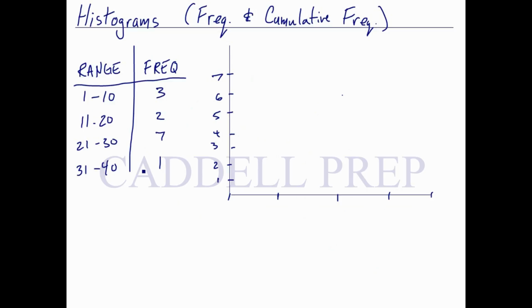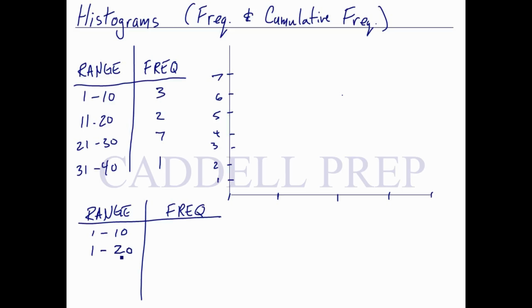Okay, now let's do a cumulative frequency histogram. So we have range, we have frequency. So now the range is going to start off with 1 to 10, then we go up to 20, but we still begin at 1. So 1 to 20, then 1 to 30, and 1 to 40.